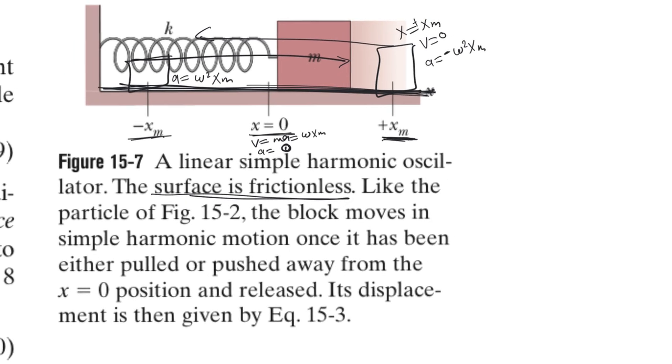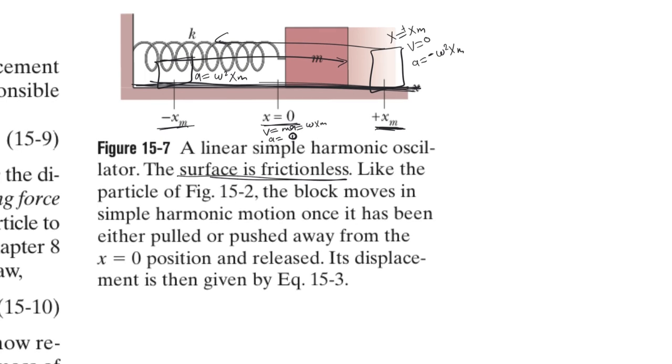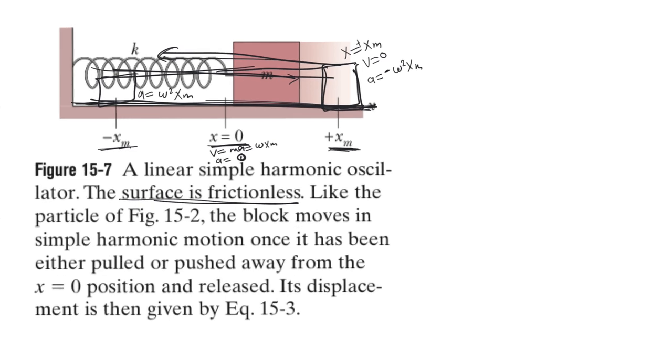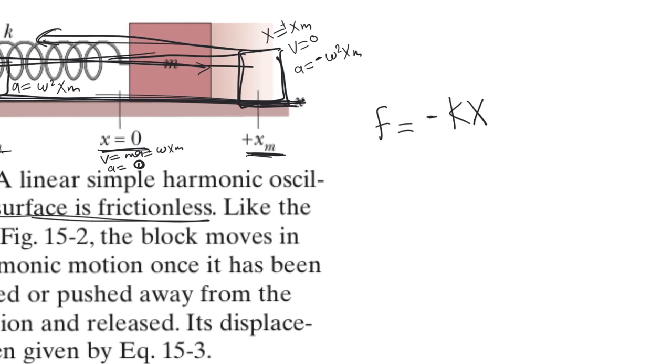And we know that the restoring force, which is the force that always restores the block, for example if it's here, moves it to x0, then to xm, and then like that. From physics 1, the restoring force is equal to minus kx, and this equation is known as Hooke's law.